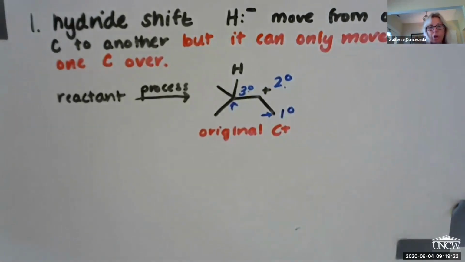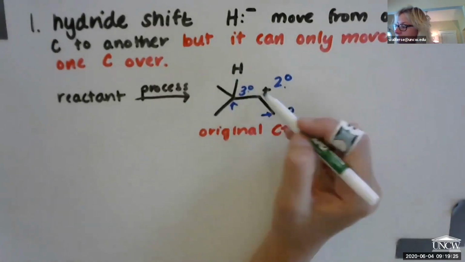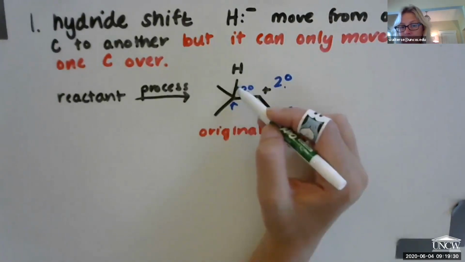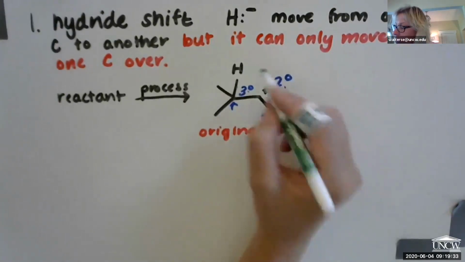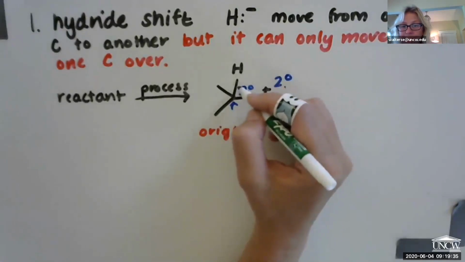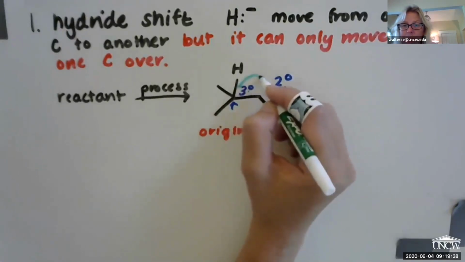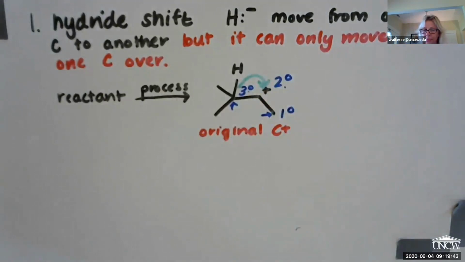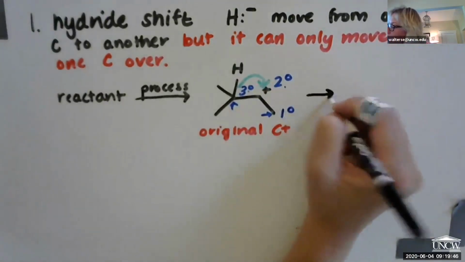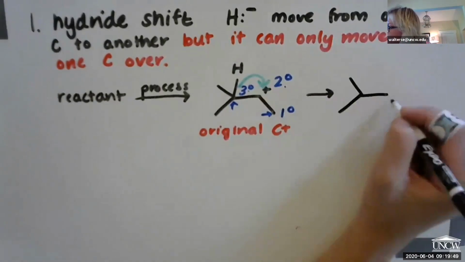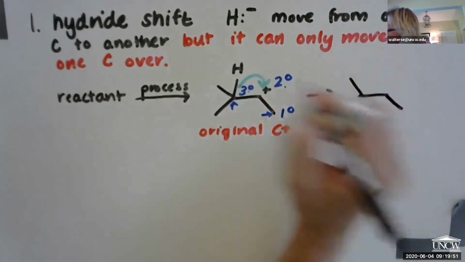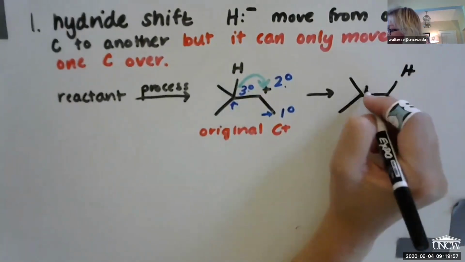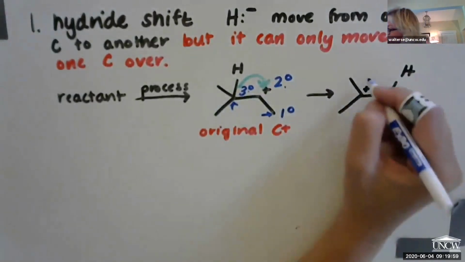So the way that this works is the hydride, the hydrogen with the sigma bond electrons, has to move. You can't just take the atom, you have to take the electrons. So you start on your sigma bond and you move over to the carbocation. Then what you make, that hydrogen now is over here, and the carbocation is here, which is tertiary.